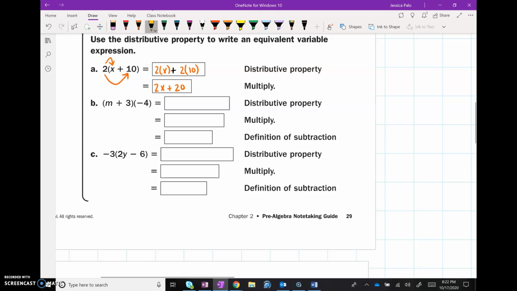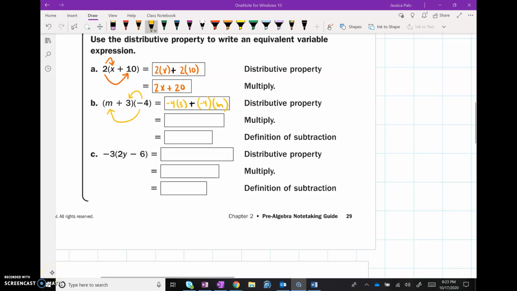So we are going to distribute negative 4 to 3 inside the parentheses and m inside the parentheses. So we are left with negative 4 times 3. I'm going to use our original operation from inside the parentheses plus negative 4 times m.